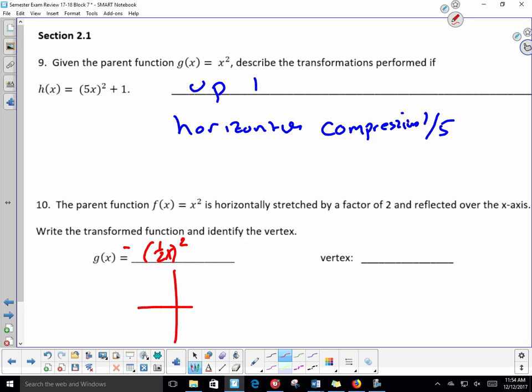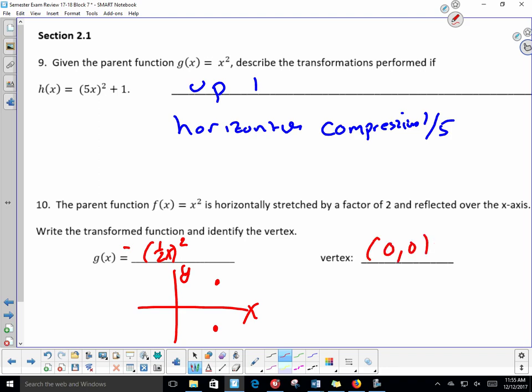And if you're in doubt of whether it says you're reflecting over the x-axis, here's the x-axis, here's the y. If I plot a point here and I were reflected over the x-axis, the x-coordinate's going to stay the same, the y-coordinate's going to change. That's how I know it's a change in my y, or vertical transformation. Then here's your equation. Do you remember your vertex? 0, 0.